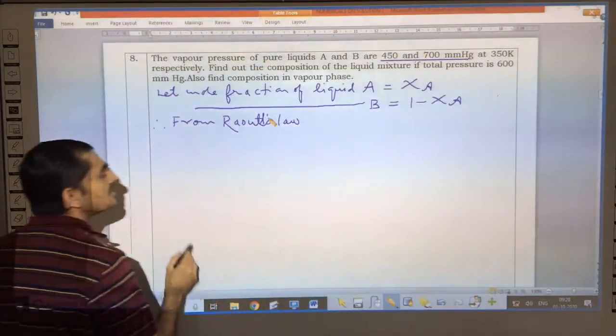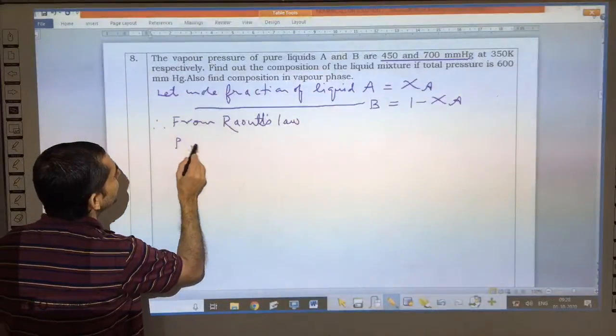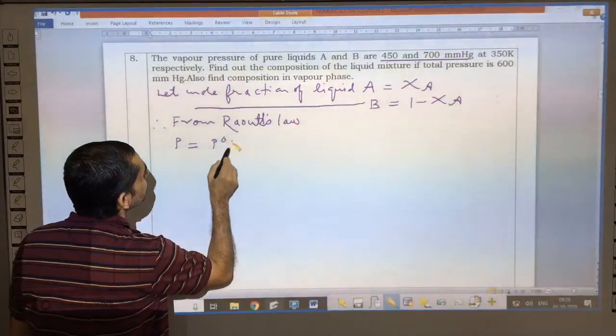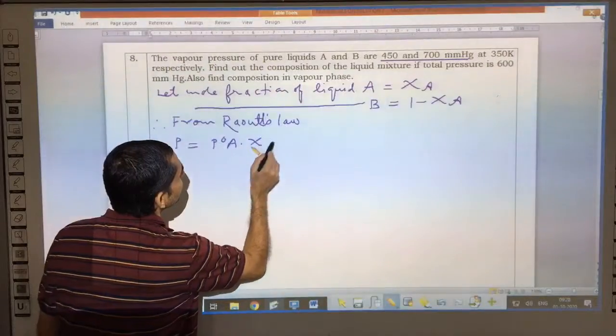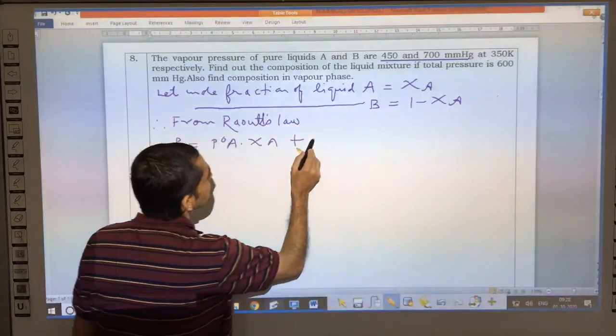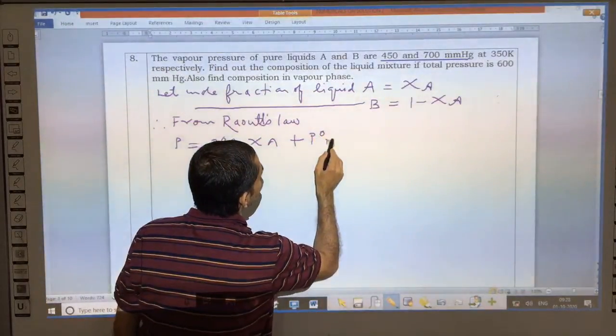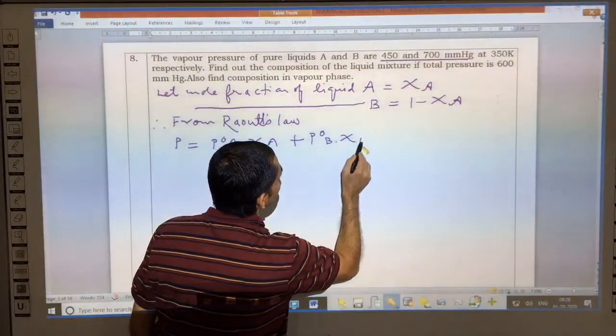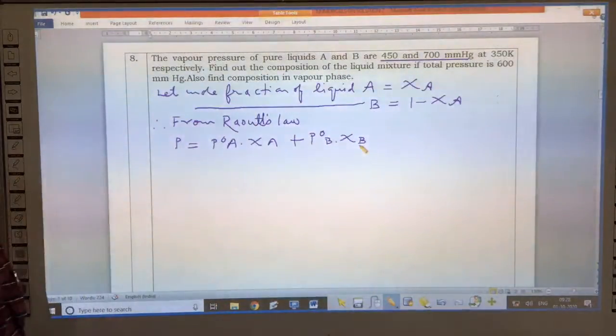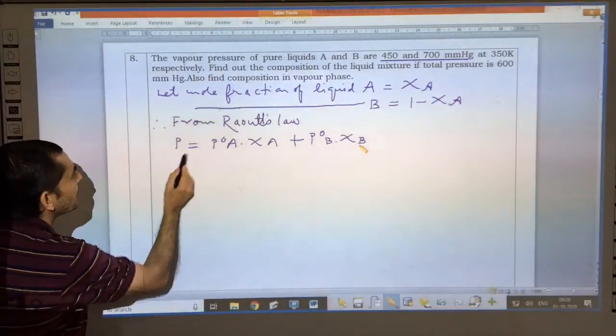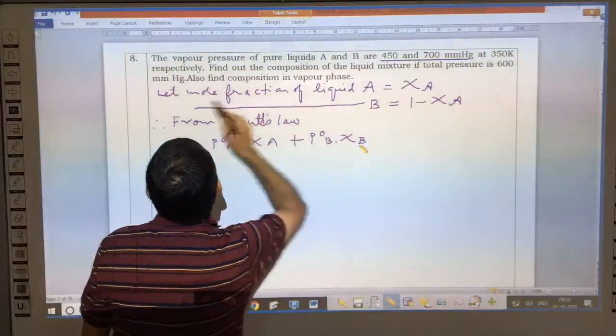law, you know Raoult's law very well. Total pressure P is equal to P naught A XA plus P naught B XB. This is Raoult's law. This total pressure is given, it is 600.